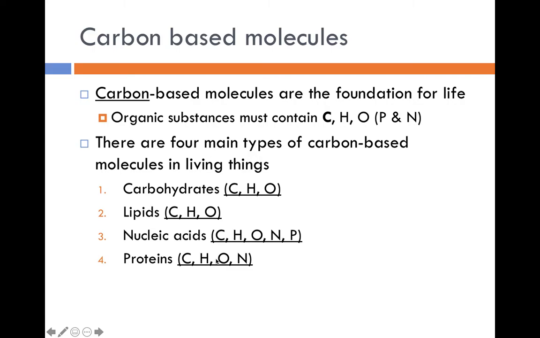So, one of the things that you're going to have to do whenever you are trying to decide based on information that I'll give you, a lot of times a fan favorite on this one is to use a table. If I give you some different molecules, and I'm going to give you an example of what I mean here in a second, you'll need to figure out if something's organic or not organic.